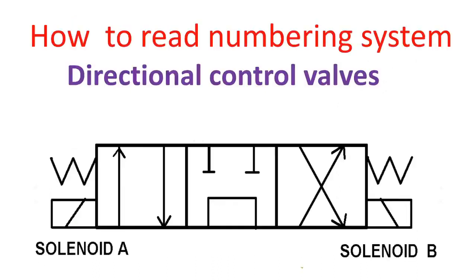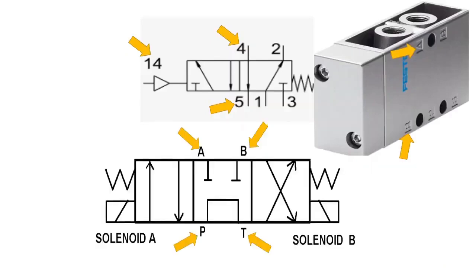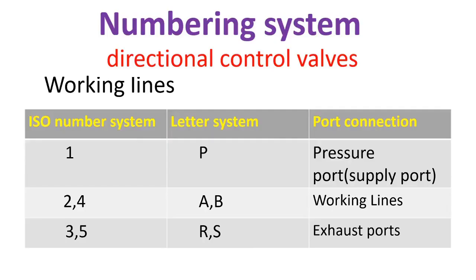Our next topic is how to read the numbering system of directional control valves. If your directional control valve uses numbers or letters for the port directions, here's the equivalent for the numbers and letters. Number 1 and letter P are the pressure port or supply port. Numbers 2 and 4, or A and B, are working lines.